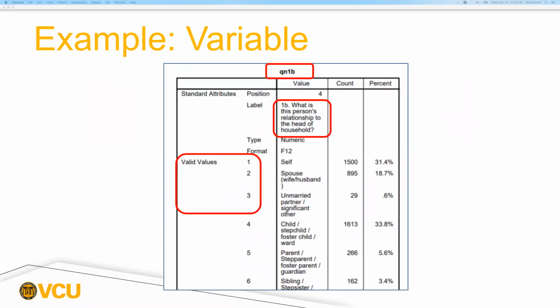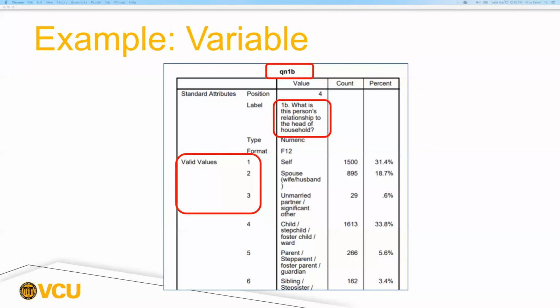And you can see in this variable's definition that a variable in a data set will usually have a short name of some sort, in this case QN1B. That's a short representation for the label. In this case, the label is the question of what the interviewee's relationship to the head of household is. Then there are number values, like you've probably heard that a 1 might be a male and a 2 might be a female, or in this case, a 1 equals that the respondent is their own self.